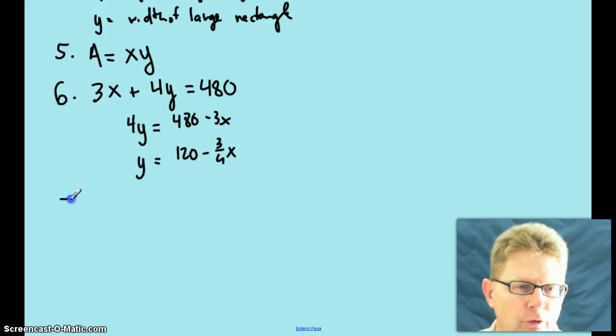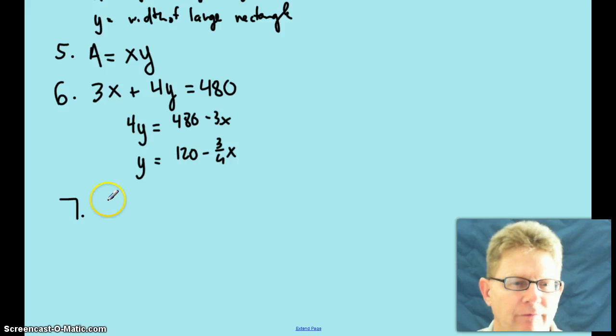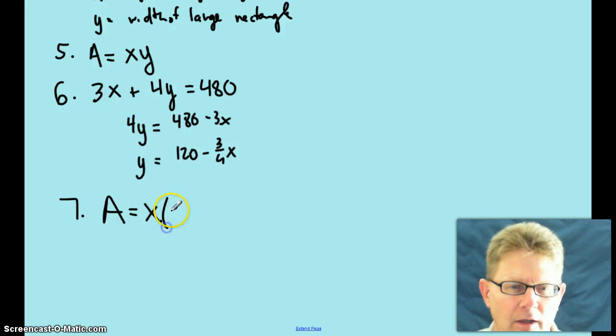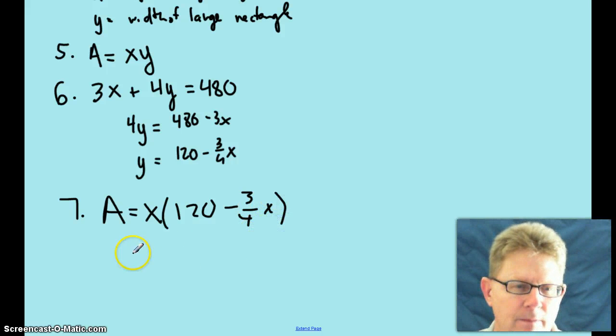Alright, now we can use 5 and 6 to make an equation with 1 variable, maximizing the area. Area equals x times 120 minus 3/4 times x, because that's what y was.